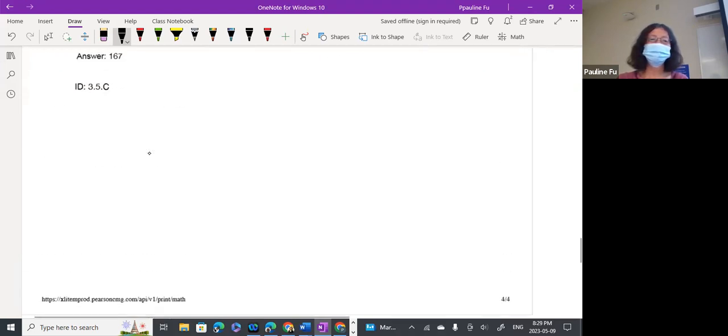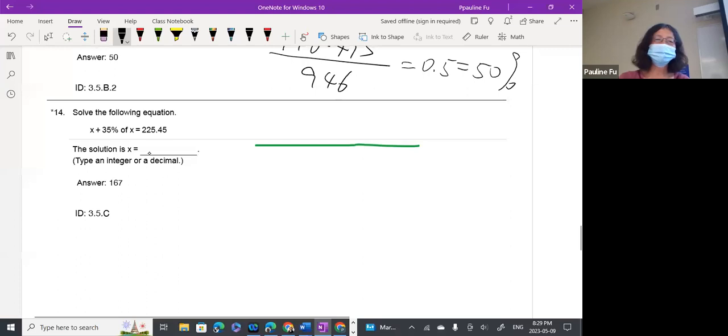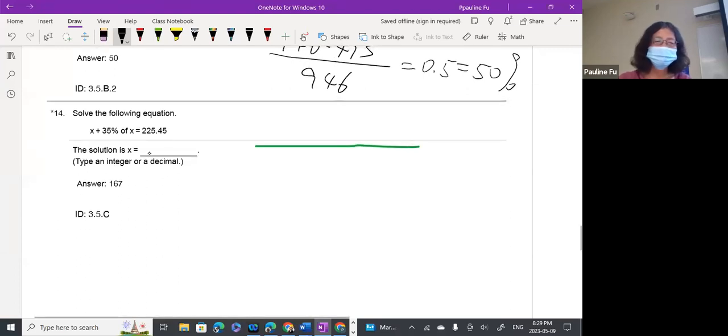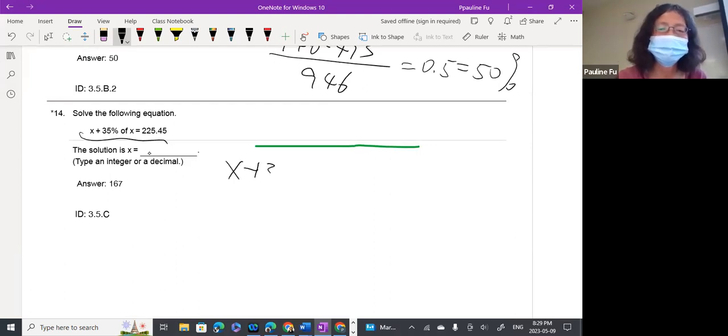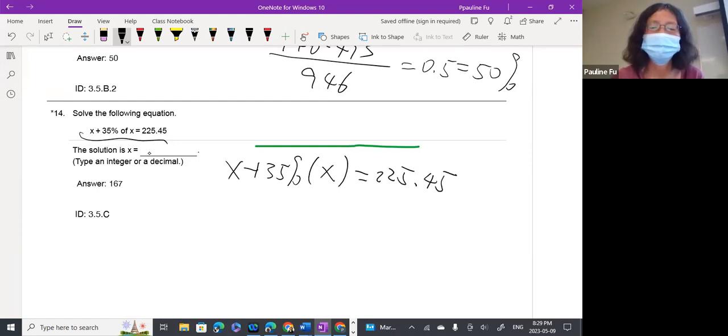Last question, question 14, solve for x. So x plus 35% of x equals 225. 35% is the same as 0.35.